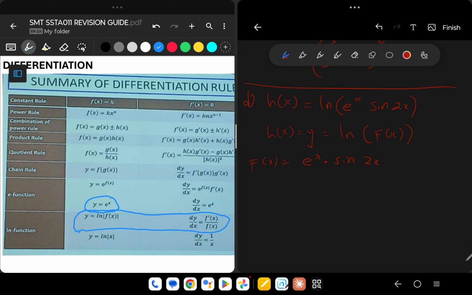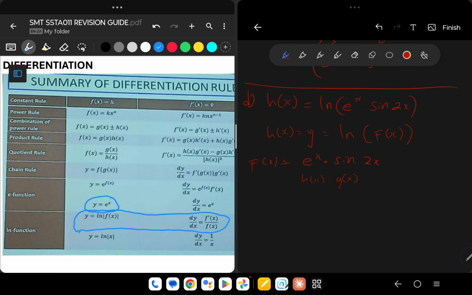So it's the same as having h at x times g at x, with e to the power of x being your h at x and sine 2x being your g at x. If we have something of this kind and we want to derive it, we're gonna need to apply the product rule.